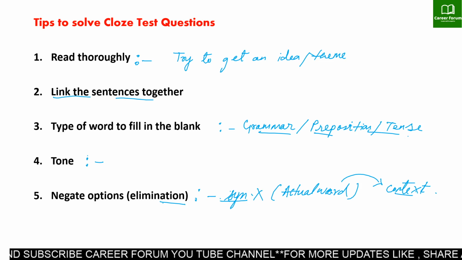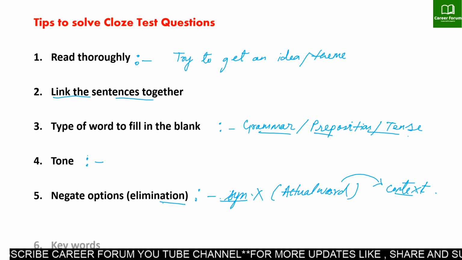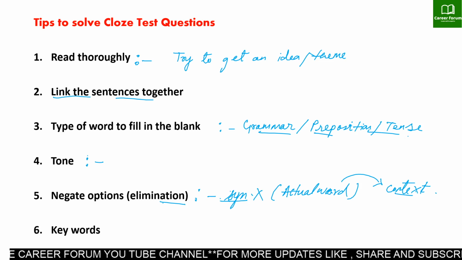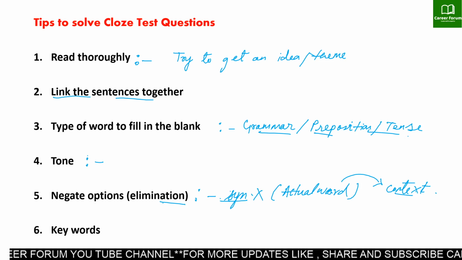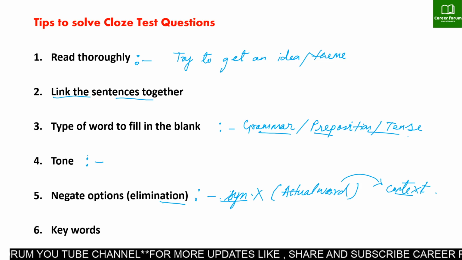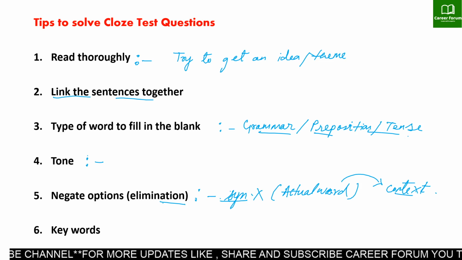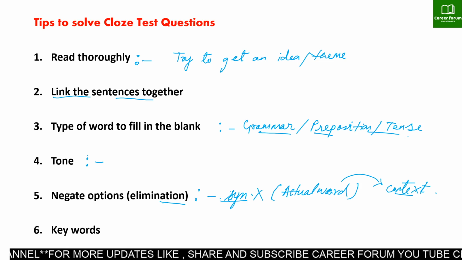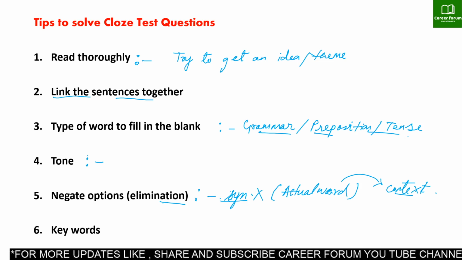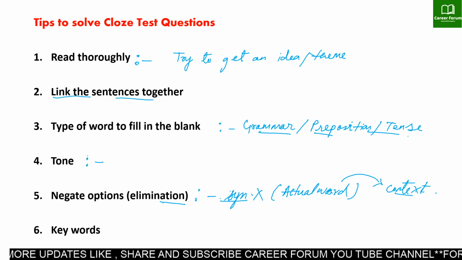Okay, fine. The next and last point is keywords. Usually we don't look for keywords in solving cloze test questions, but keywords play an important role in identifying the correct choice to fill in the blanks. Students, pay close attention to keywords.